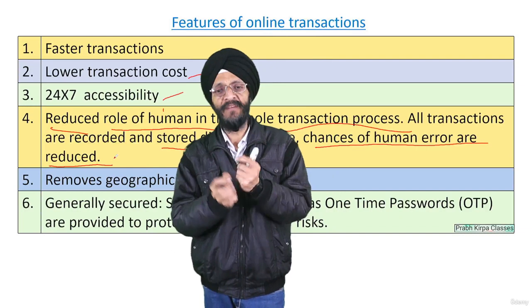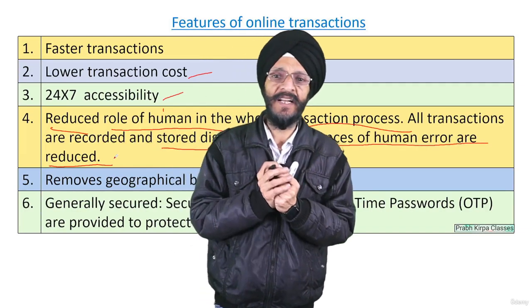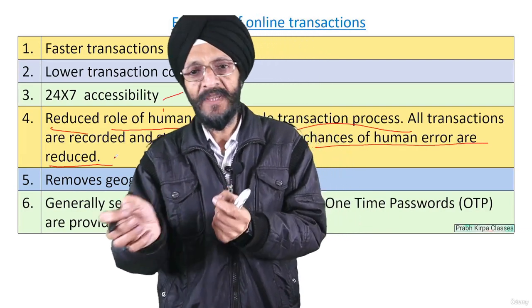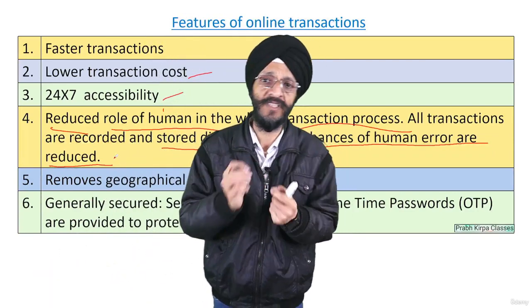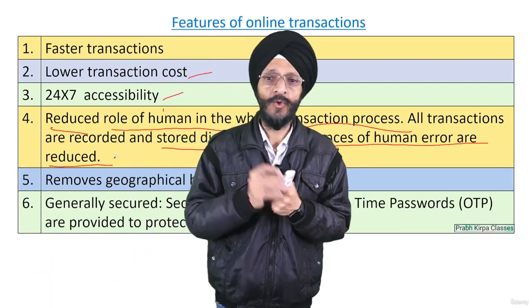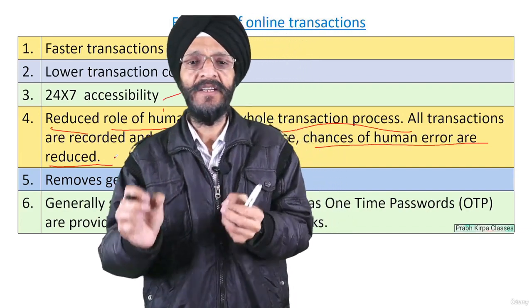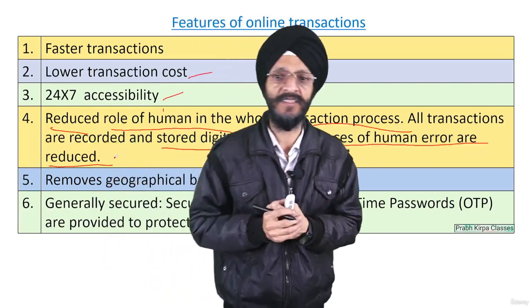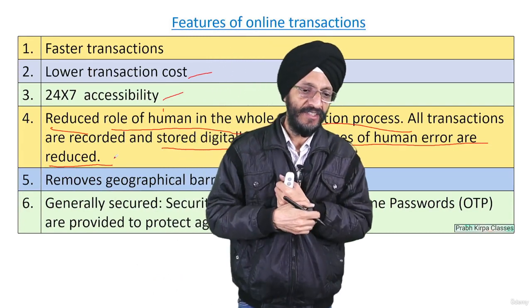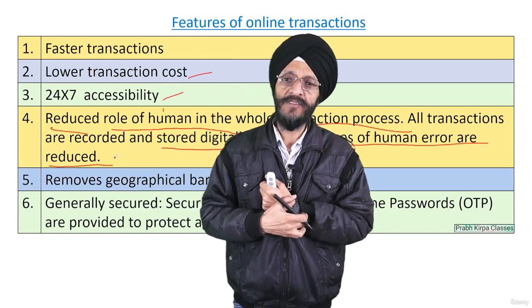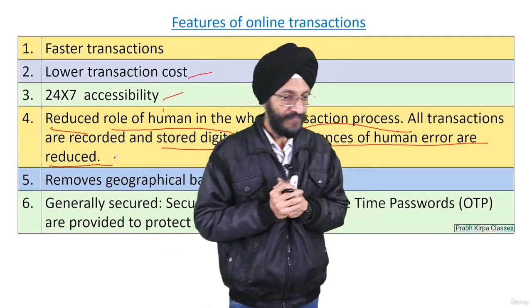He will count one by one, and it is quite possible that he may count in the first attempt that these are 999, and in the other attempt he may count the same as 1001. So there are the chances of human error in the case of cash transactions. But normally in the case of online transactions, such type of error does not occur.